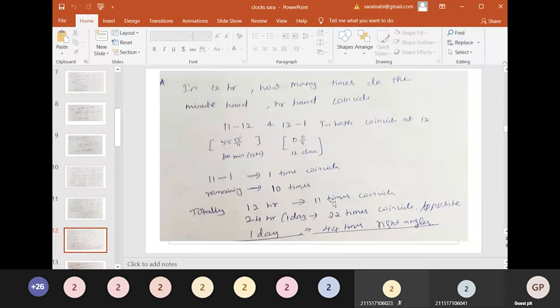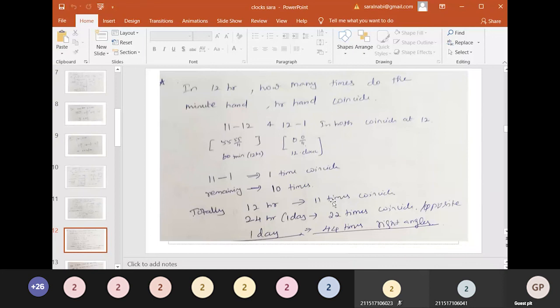So this is a one-word question. In one day, how many times do the hour and minute hands coincide? How many times are they in opposite directions? Clearly remember, in one day 22 times the hour and minute hands coincide as well as are in opposite directions.